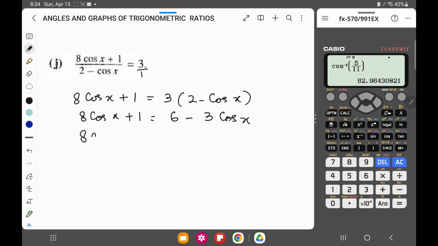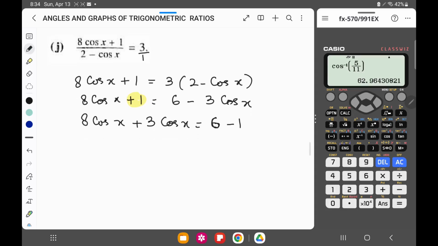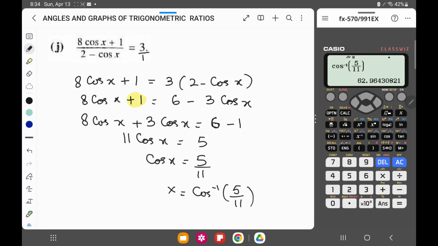Just keep cos x on one side, plus 3 cos x is equal to 6, and this 1 we write down as minus 1. 8 plus 3 is 11, cos x is equal to 5. Cos x is 5 over 11. X is cos inverse 5 over 11. So the basic angle is cos inverse 5 upon 11.